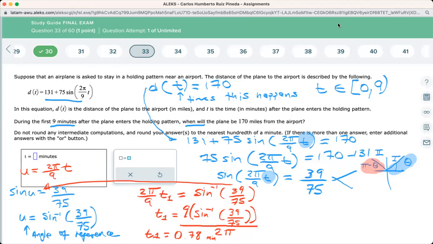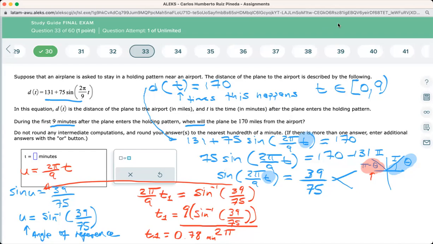Now, let us find the second solution. For the second solution, we also use the reference angle and subtract it from pi. Let's use another color, black.